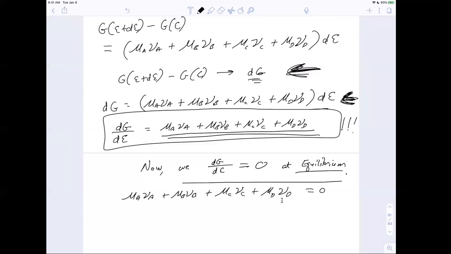And so this is the general expression for chemical equilibrium. So when you have a system, when you have a chemical reaction or any particular system, and that reaction is an elementary reaction, you see that this is the criterion for chemical equilibrium.